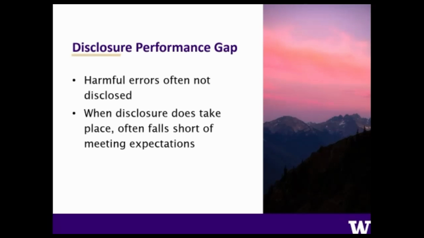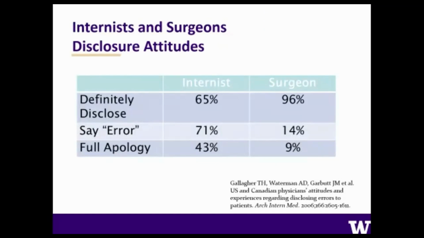We also know that there's a performance gap. So harmful errors are often not disclosed to patients, and when the disclosure takes place, it's not always meeting their expectations. This is a survey that my collaborator, Tom Gallagher, put forth to both American and Canadian internists and surgeons many years ago to try to understand their attitudes towards disclosure of serious or harmful pathology errors.